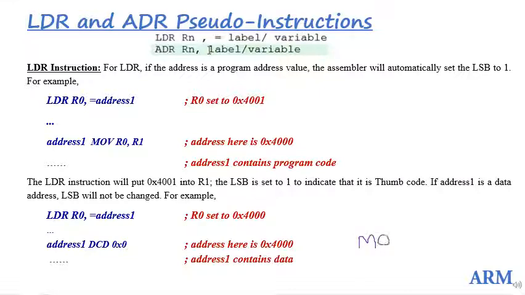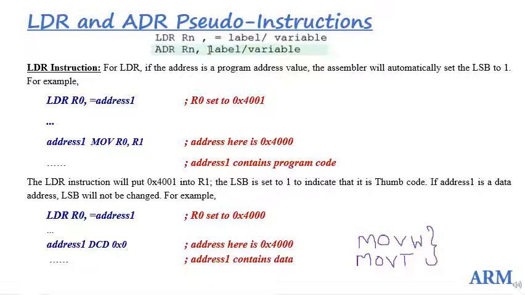That is why we required a couple of instructions, like if you remember, MOVW to move the lower half word and to move the upper half word into the same register, the instruction was MOVT.